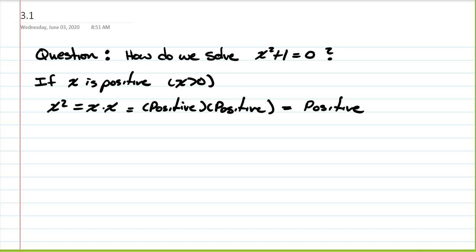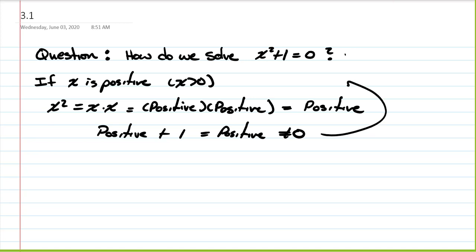So now if we check that in our equation, x squared being a positive number, a positive number plus 1 is going to be another positive number, which can't be the same as 0, right?